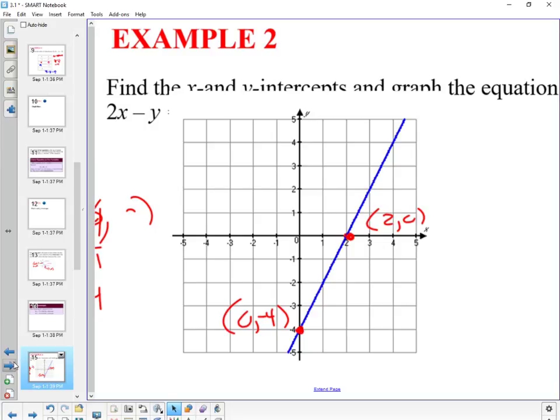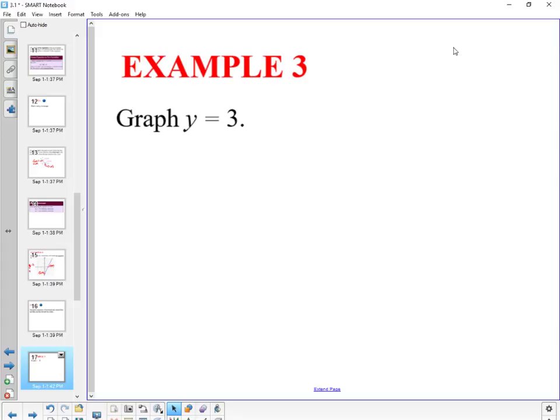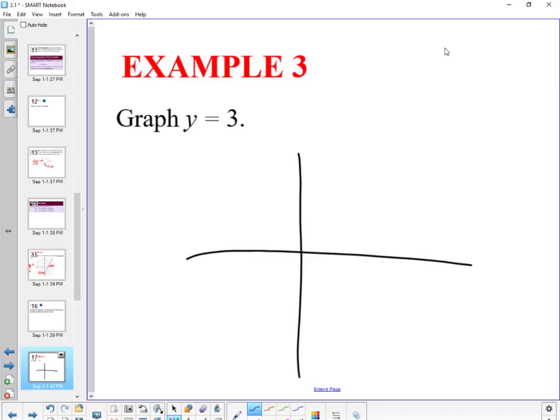All right. Can we change the slide? Recognizing equations that are going to be vertical or horizontal. I have the equation y equals 3. What does y equal? 3.